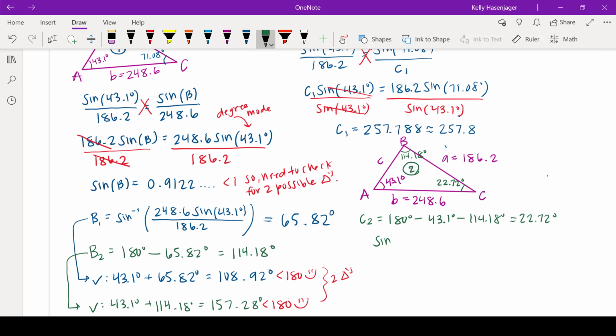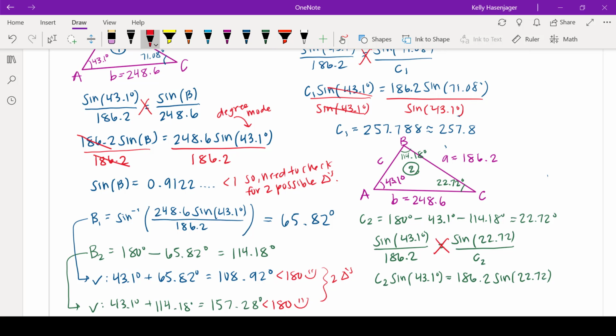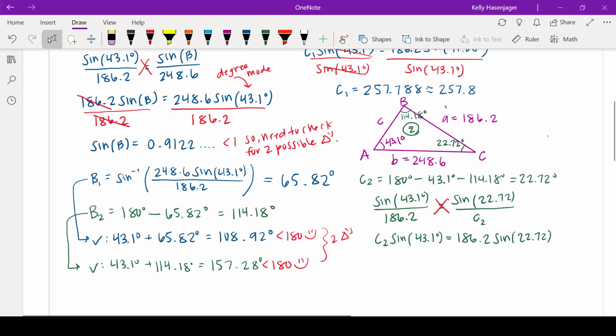All right, now we're in the spot again. We just need to find our missing side. So we're going to use the law of sines. And we will cross multiply again. Now to solve for C sub 2, we're going to divide both sides by sine of 43.1 degrees.